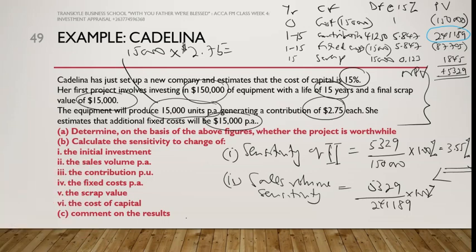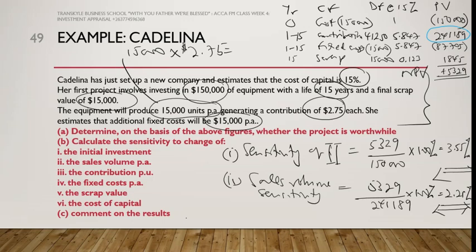Multiply by 100%, and we must get 2.21%. Now, do you think if the sales volume is increased by 2.21%, the NPV is going to become negative? Obviously not. Remember, we are doing this assessment to determine what could go wrong for us to get a negative NPV.